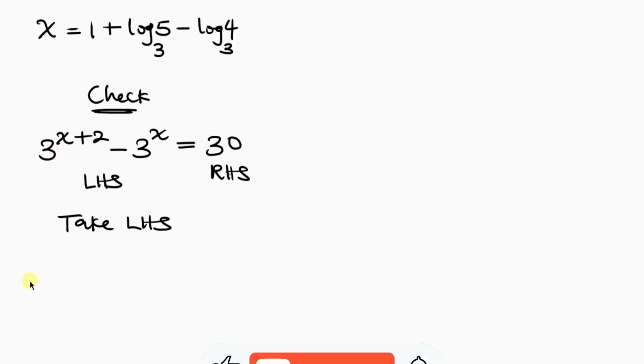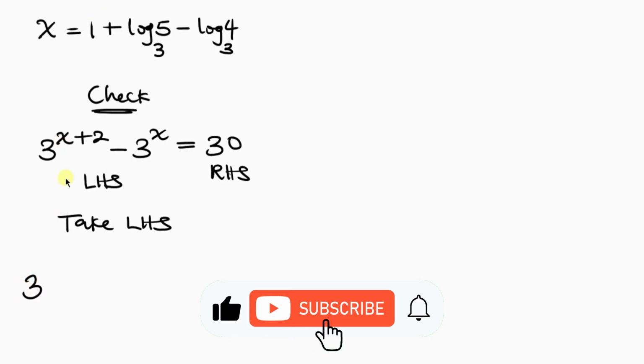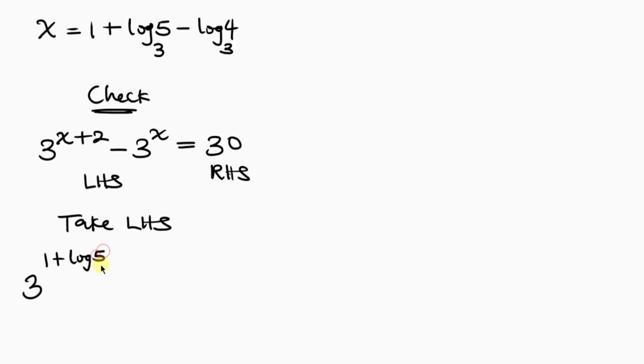So this is 3 to the x. x is 1 plus log 5 base 3 minus log 4 base 3, and then plus 2. So we have plus 2 minus 3 to the x. x is 1 plus log 5 base 3 minus log 4 base 3.